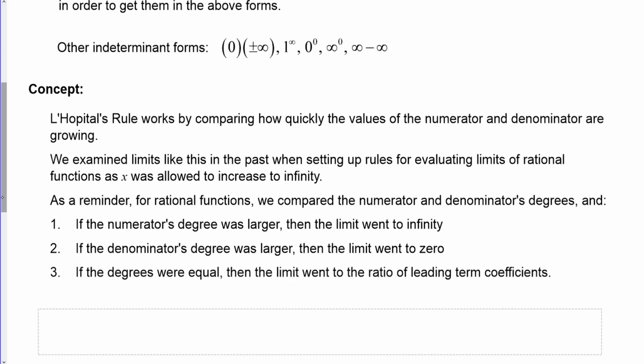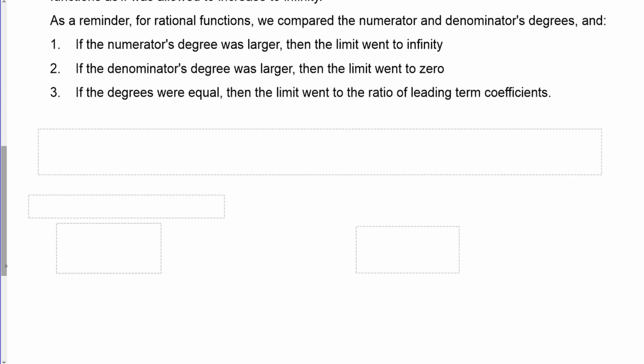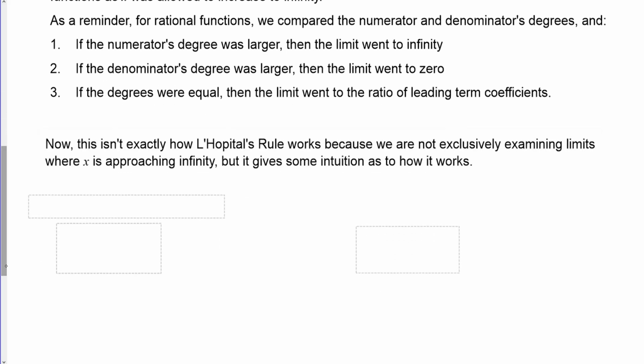Or if the degrees were equal, the limit went to the ratio of those leading term coefficients, because in that kind of situation, they're going to infinity at about the same rate, and they kind of cancel each other out. Now, it's not exactly how L'Hopital's rule works, because we're not exclusively examining limits where x is approaching infinity, but it just gives you some intuition as to how it does work.